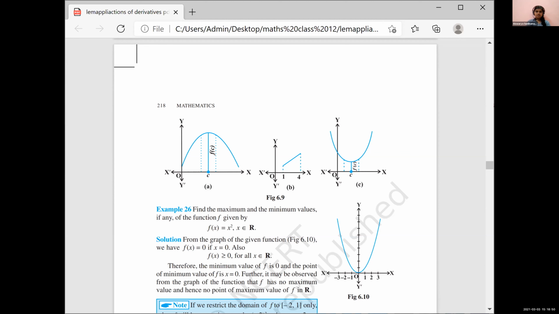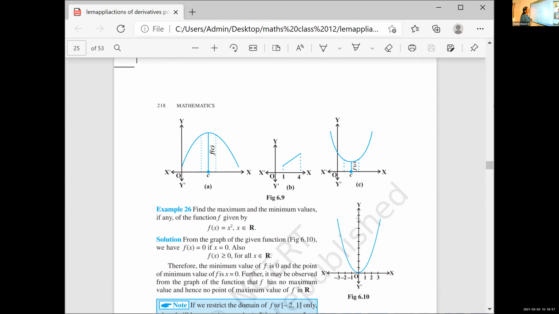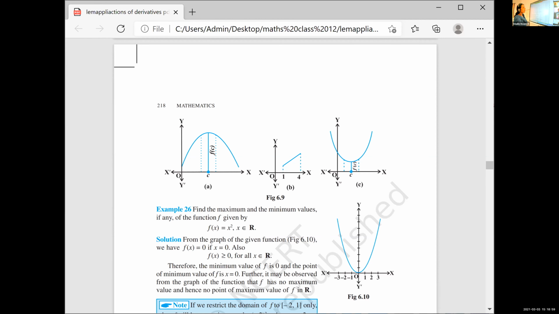Very good, Aishwarya. At the point 1, you will get minimum, and at the point 4, you will get maximum, because we know the starting point and ending point are both given. So at x equal to 1 you get the minimum, and at x equal to 4 you get the maximum.